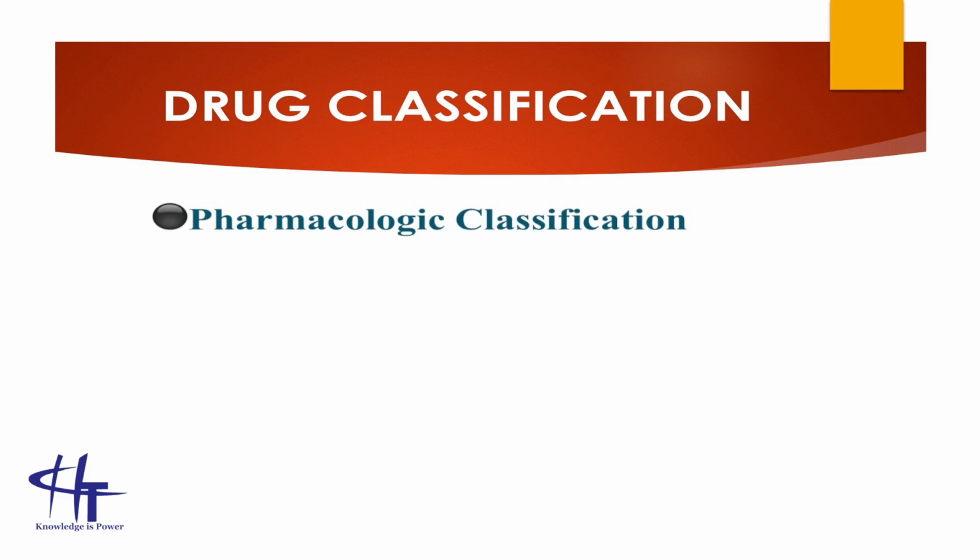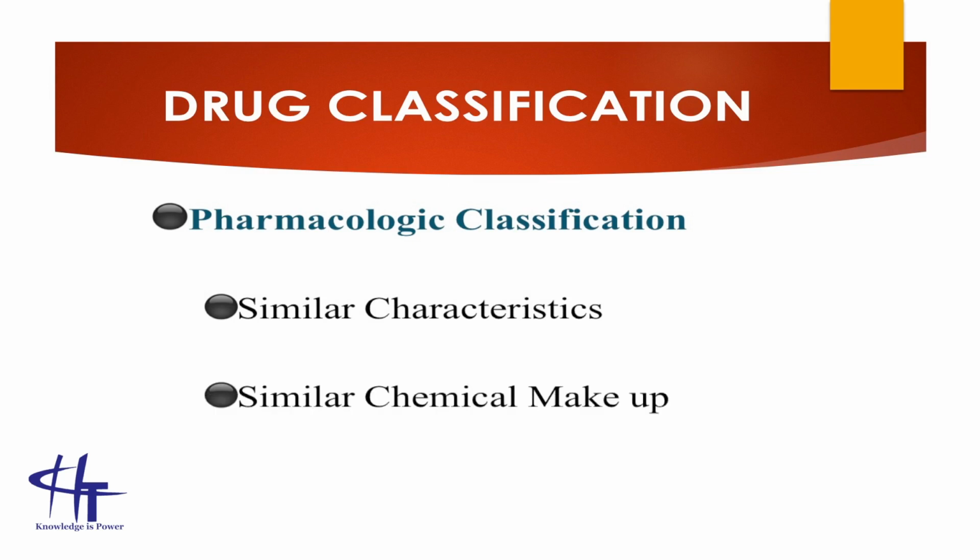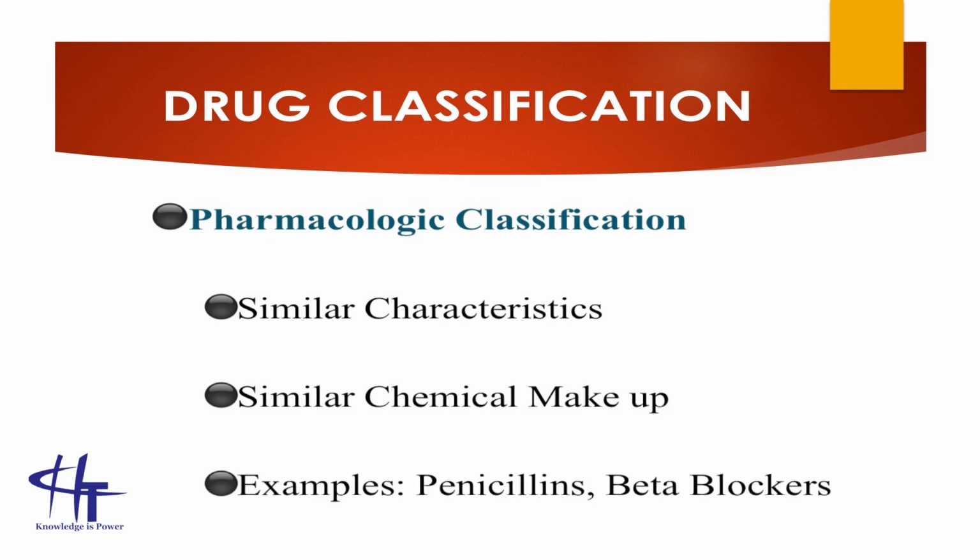By pharmacologic classification, we mean that drugs are classified according to their similar characteristics, how they behave, their similar makeup, what they are actually made of.